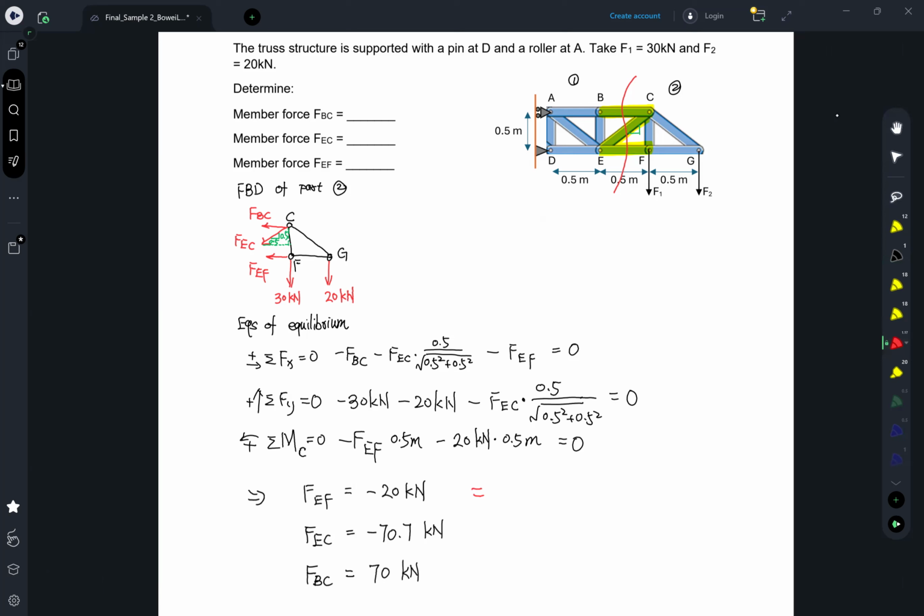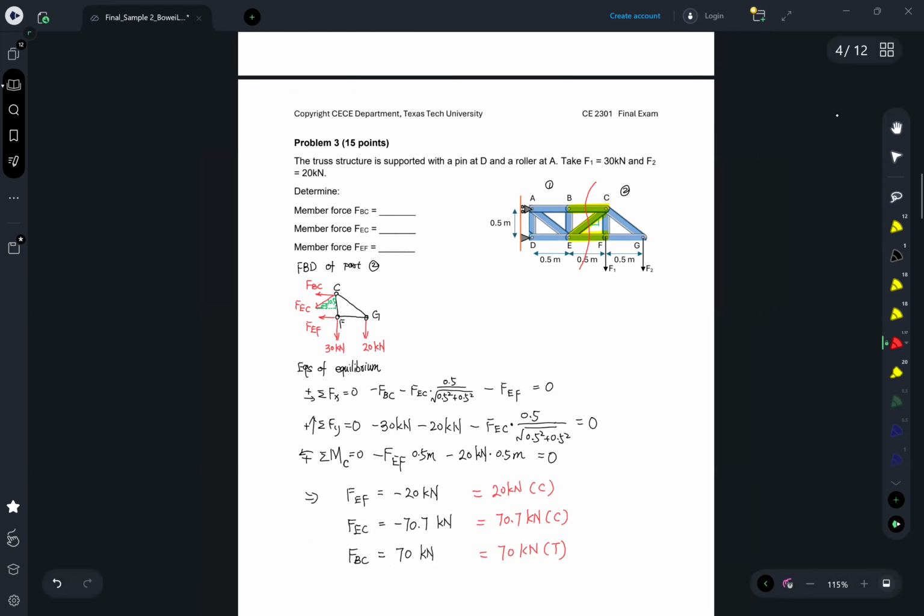So we can summarize: 20 kilonewton compression, 70.7 kilonewton compression, and 70 kilonewton tension. This is the answer for this truss structure.